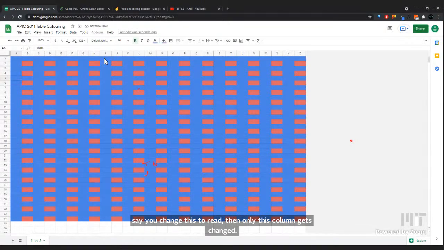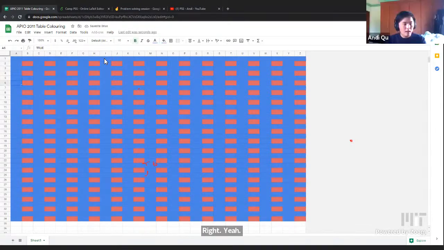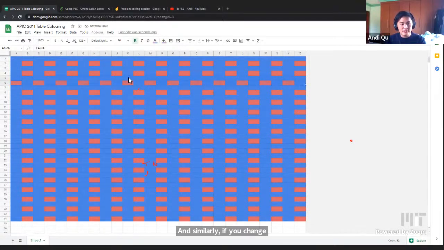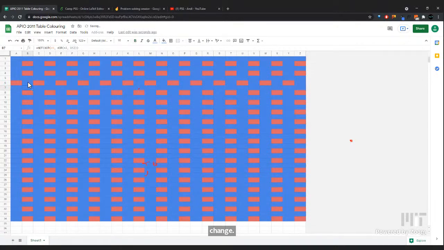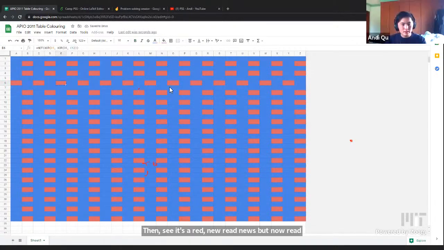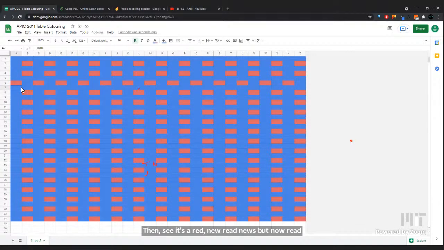And similarly, if you change a column, then only this row gets changed. Can you do this again? What happens when you change A6? If you change A6, then see it's red, blue, but now it's blue, red. Oh, so it just flips all of the cells. Okay.